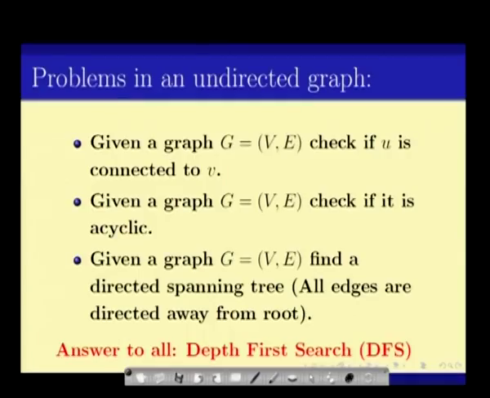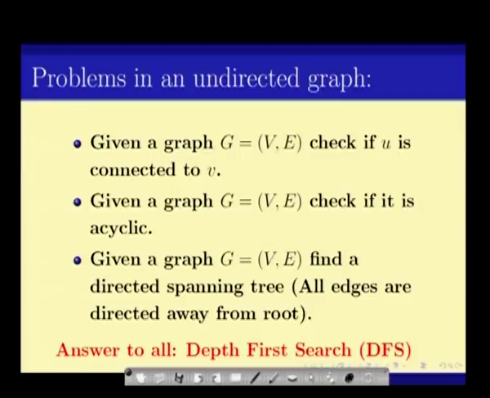So, the same set of questions can be asked now for directed graphs: given a set of edges, is u connected to v, is the graph acyclic, and find a directed spanning tree. What is a directed spanning tree? A directed spanning tree is a spanning tree where all the edges are directed away from the root.